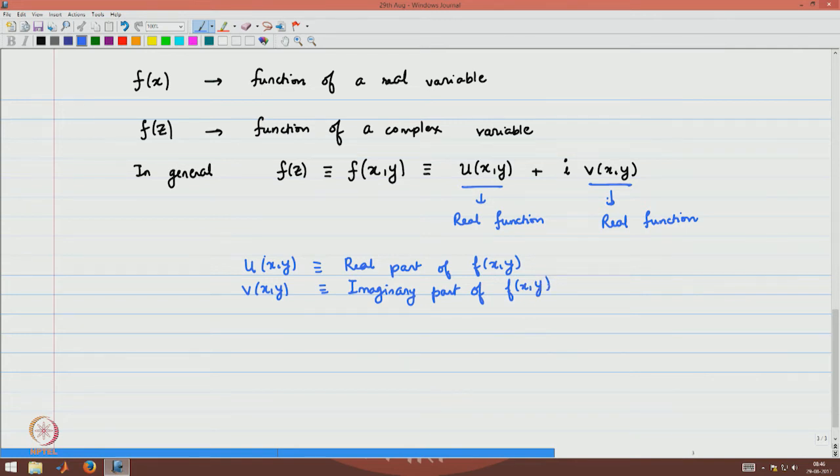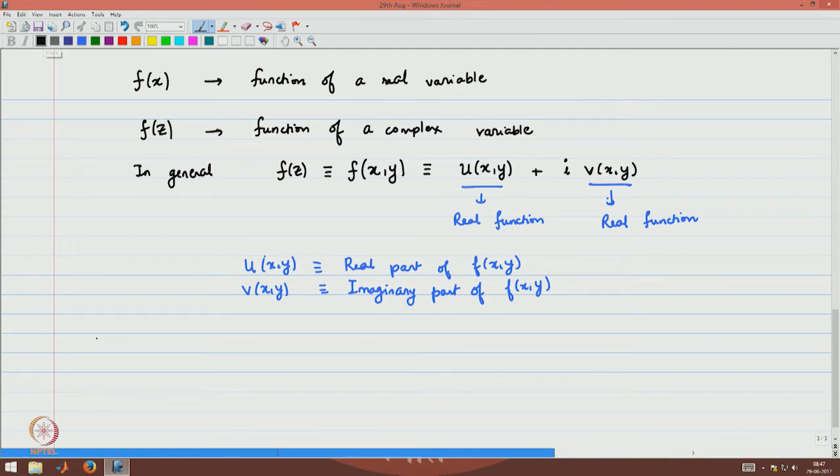Okay. So this is what you can say about the functions of a real variable or functions of a complex variable. Now, there is something very interesting that happens with complex variables. This has to do with the following property.